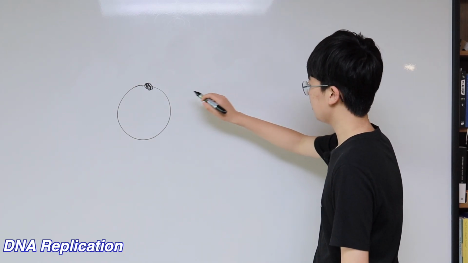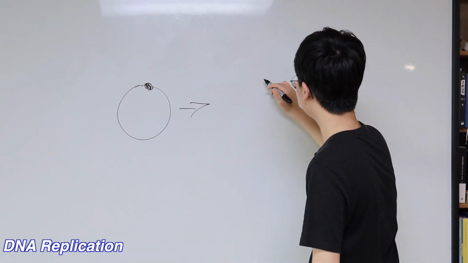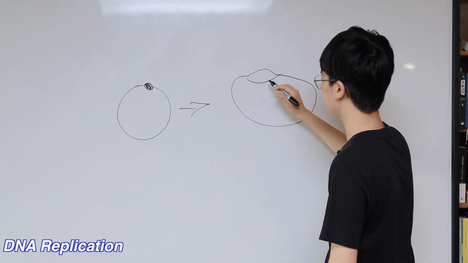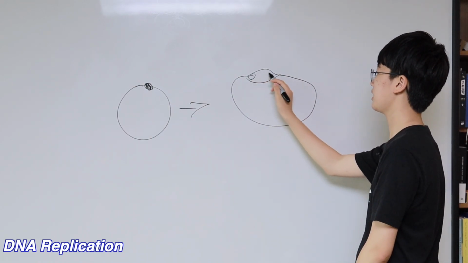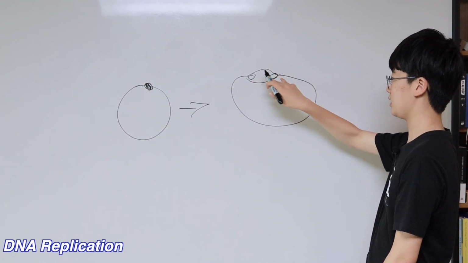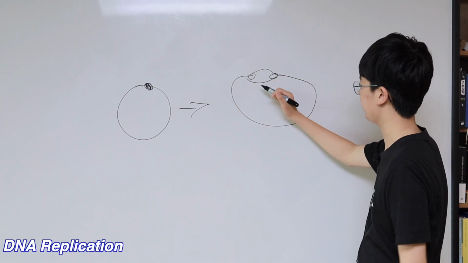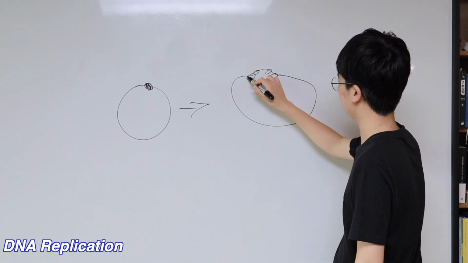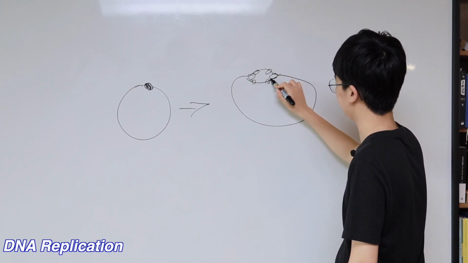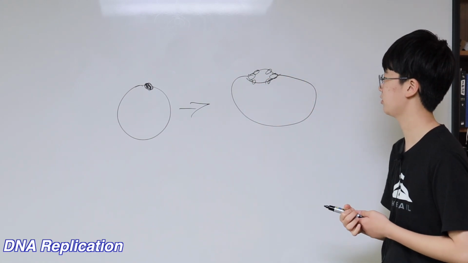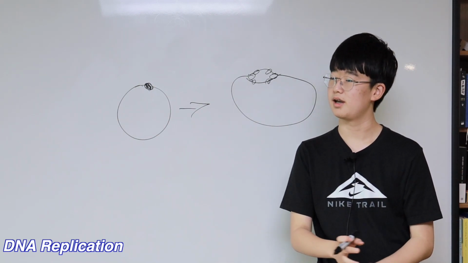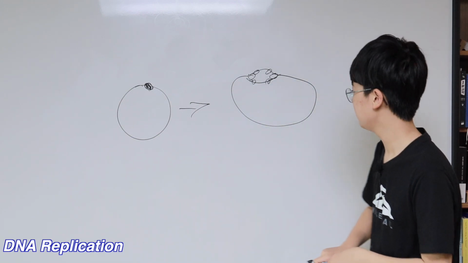And from the ORI, the replication happens. Two helicases take space and start replicating with the polymerases and stuff, with all the single-stranded DNA binding proteins and the sliding clamp proteins.